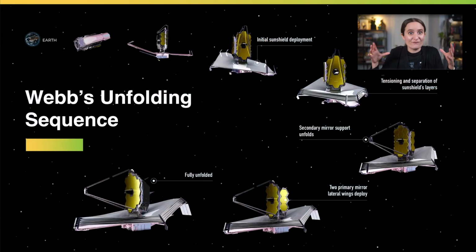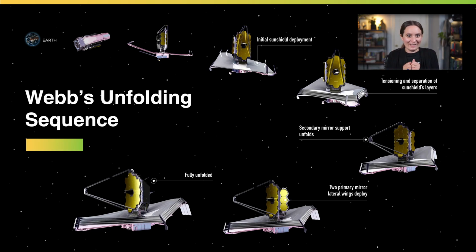And Webb has to fold up to fit inside of the rocket, and then it will unfold once it's in space in this elaborate unfolding sequence as it travels from the Earth to L2 over about the course of a month. And then Webb will take about 6 months to cool down enough so it's very cold, and all the mirrors will be aligned and all the science instruments will be tested. And after about 6 months, we're going to get the first images back from Webb.